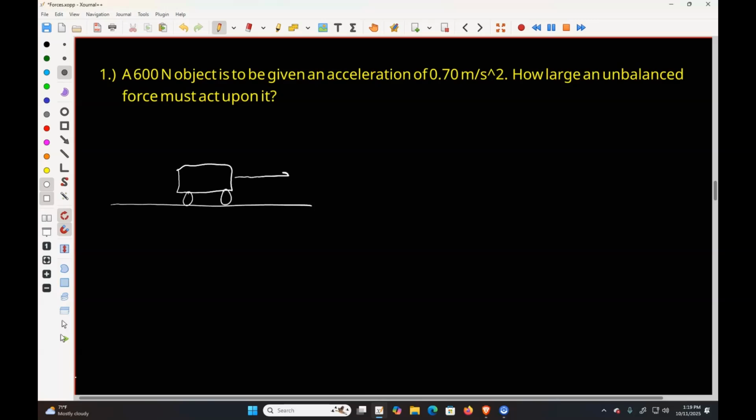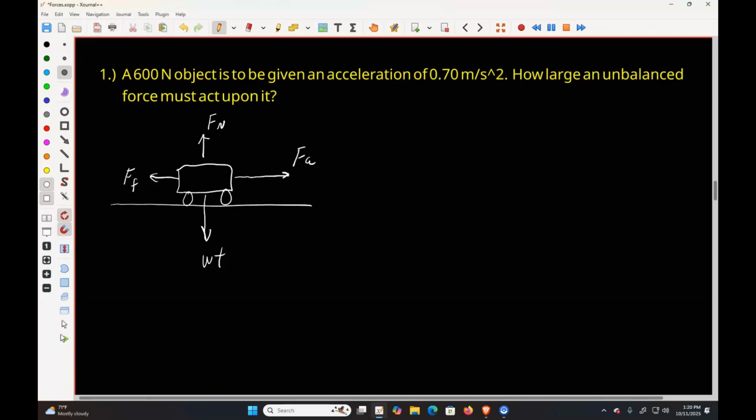Okay, so this is the applied force. This is the force due to friction. Its weight is a force going this way. And in this direction, we have the normal force.